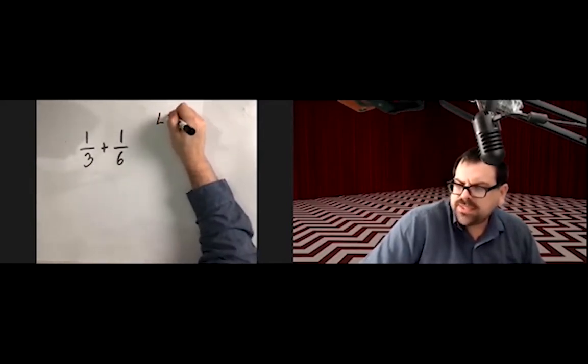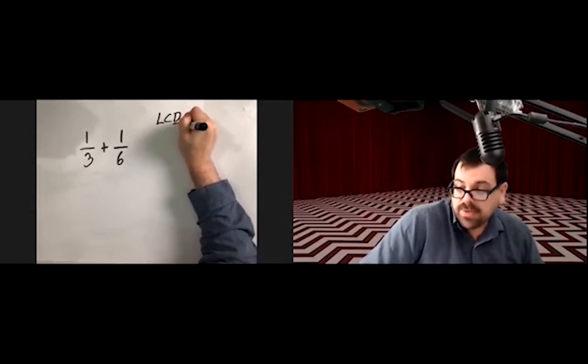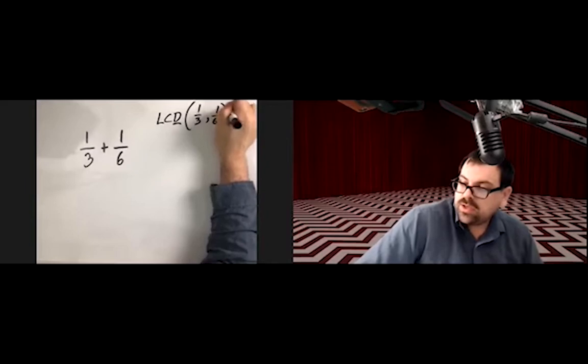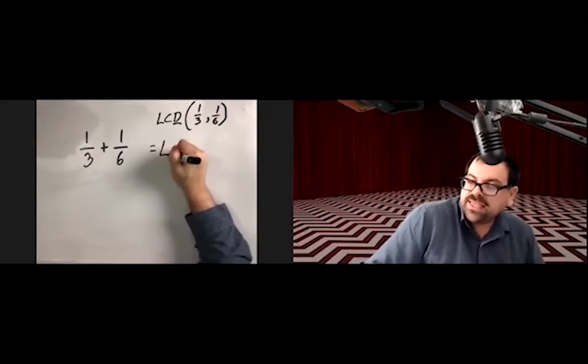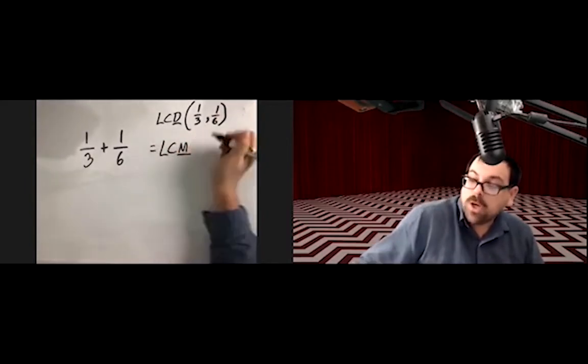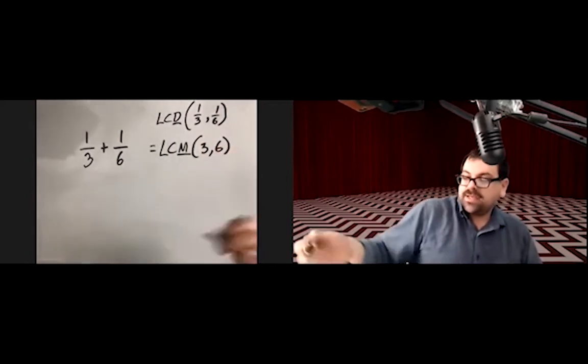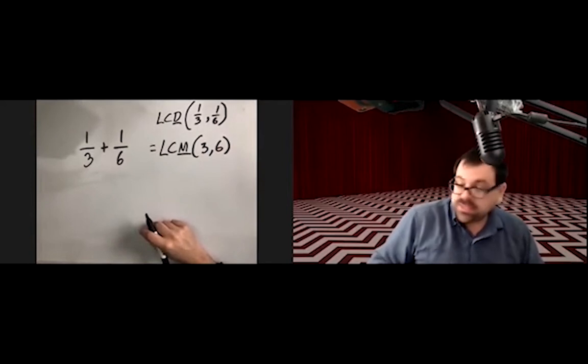So the least common denominator of 1/3 and 1/6 would be the least common multiple of 3 and 6. How do we find the least common multiple?